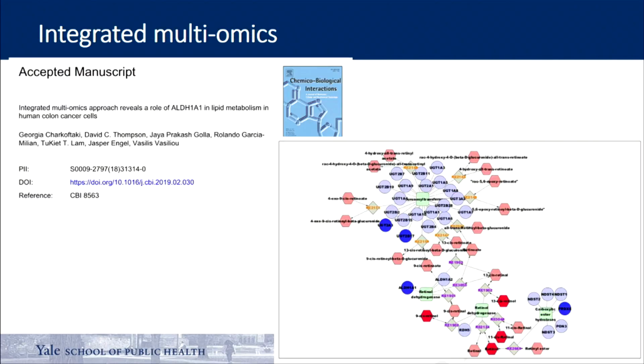We did one first, which we just got accepted 2 days ago in Chemico-Biological Interactions, which is essentially an integrated multi-omics approach to study the role of aldehyde dehydrogenase, which is an indicator of stem cells and cancer stem cells, especially for brain and colon cancer. In this process we used cells, and we did metabolomics, proteomics and RNA-seq, and we tried to combine everything using various existing software, including Metascape.